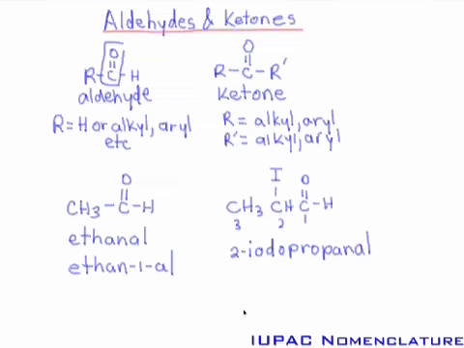Likewise, there are some functional groups that appear in the root with aldehyde. If, for example, I have an alkene, this is named as a butenal, and the alkene occurs at carbon 2, so this is a but-2-ene.